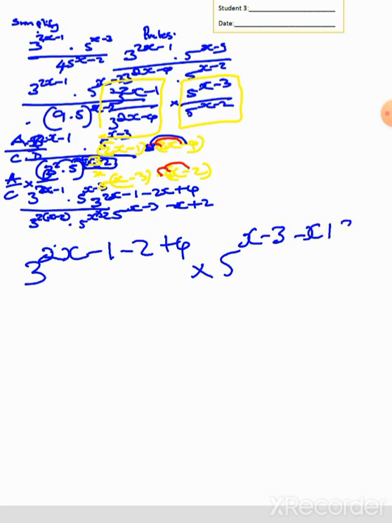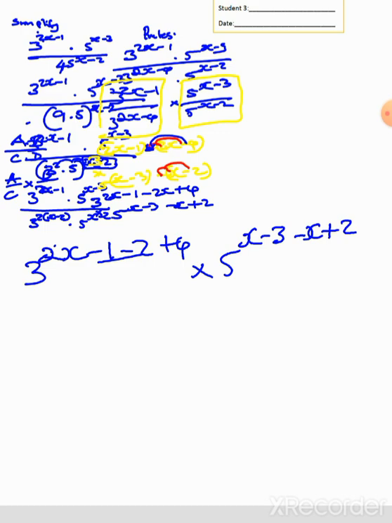Therefore now we can see that what we have is 3 to the power of 2x minus 1, then minus 2x plus 4, times 5 to the power of x minus 3 minus x plus 2.